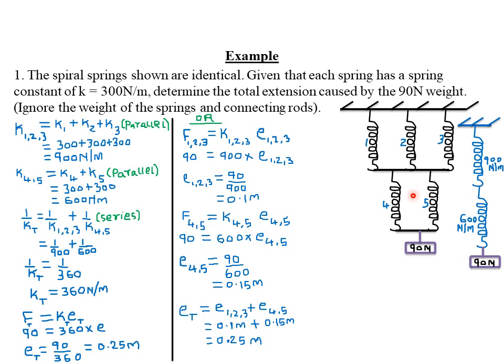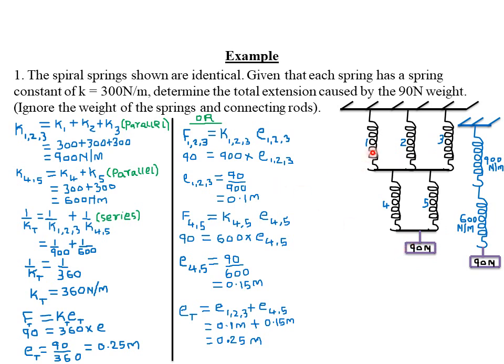But if we were not ignoring the weight of the springs and the rods, then the weight acting on springs 1, 2 and 3 would be the 90 plus the weight of springs 4 and 5 and the ropes, this rope here and these other ropes here. But because we are told to neglect the weight of the springs and that of the connecting wires, the total weight acting on springs 1, 2 and 3 will be equal to the 90 Newton, which is acting downwards.